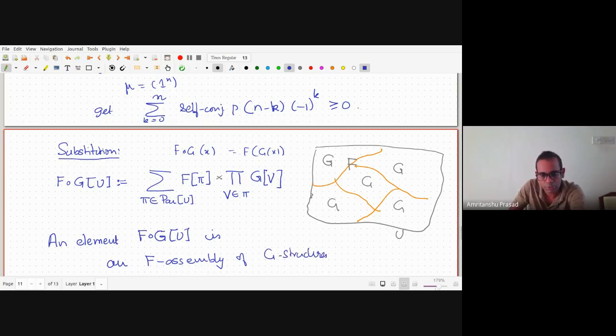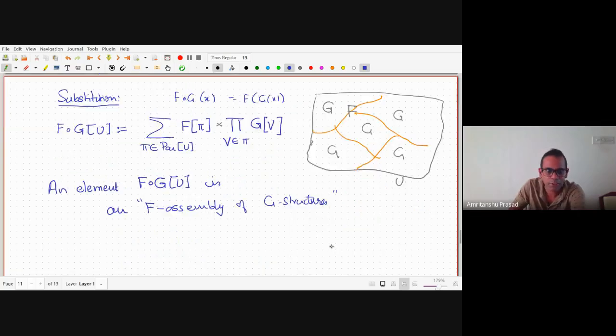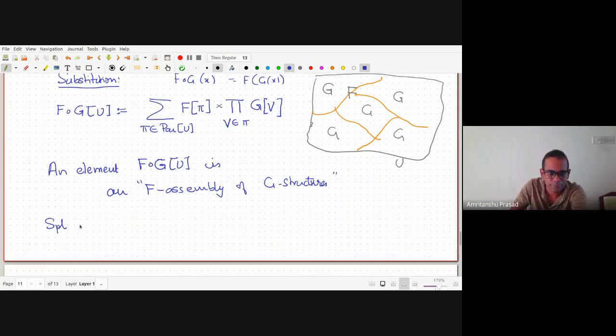And maybe the most instructive example, probably I should do first. Okay. So special case, let's take E circle G of U. So E is just the set, so it's just called an assembly of G structures.